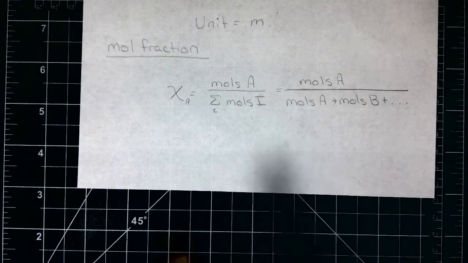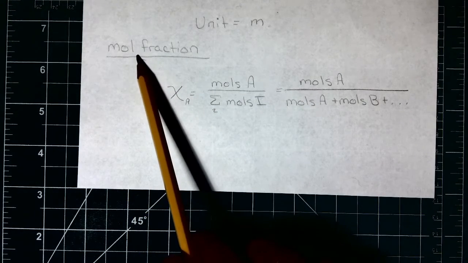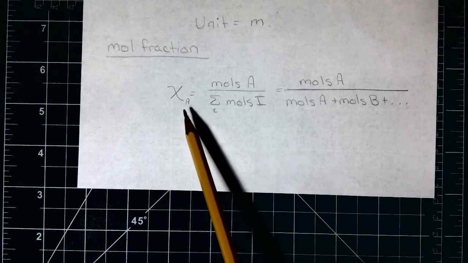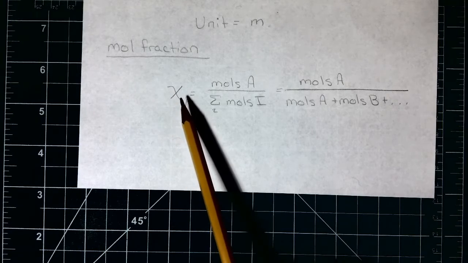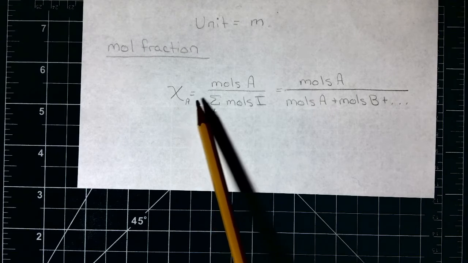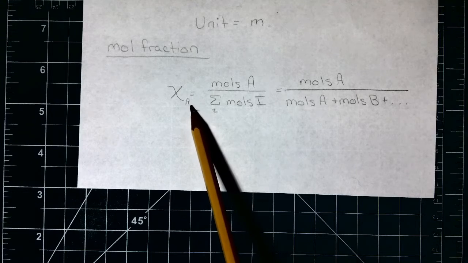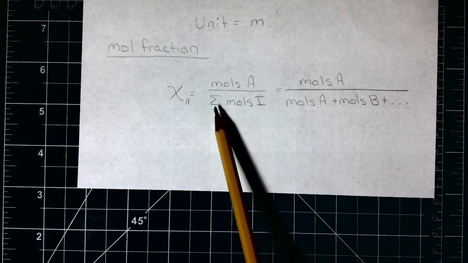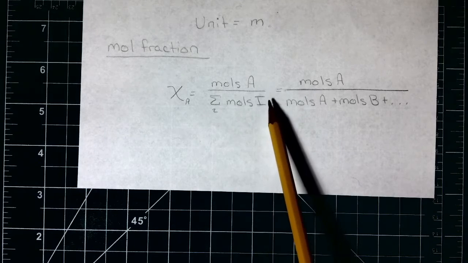And finally, another important mole-based concentration unit is the mole fraction. We're going to see this next week when we talk about gases. The symbol for this is a capital Greek letter chi. Basically, the mole fraction of whatever component you want, say A, is going to be the moles of A divided by the sum of all the moles that are in the solution.